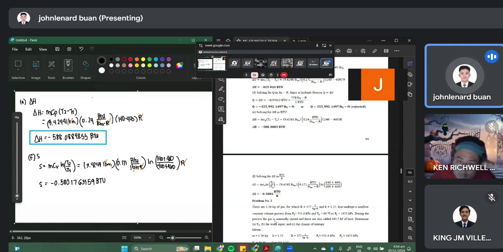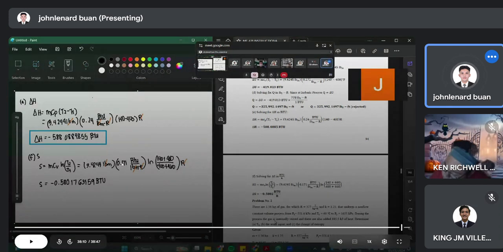And correction lang doon kasi medyo nalito lang si sir. Yung R na yon kasi dinivide both temperature, so makakancel yung R mismo doon. So ang sagot po talaga dyan is BTU per runtime, kasi hindi po makakancel yung runtime dito. Itong LN, temperature over temperature, so makakancel doon mismo yung runtime.